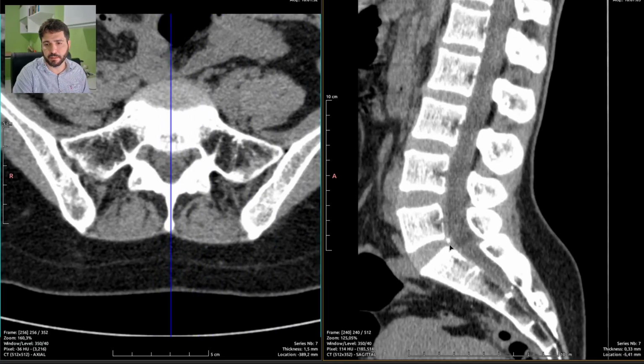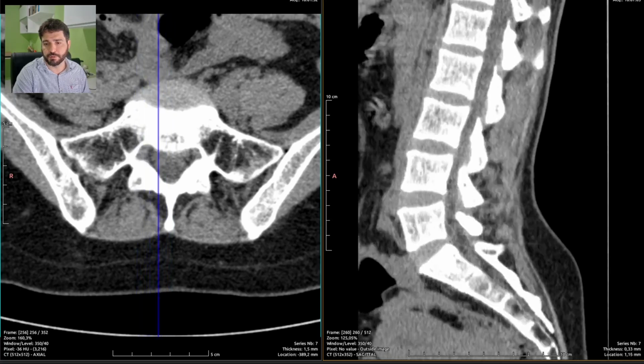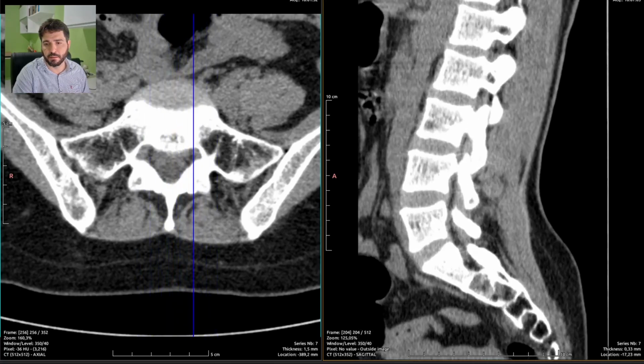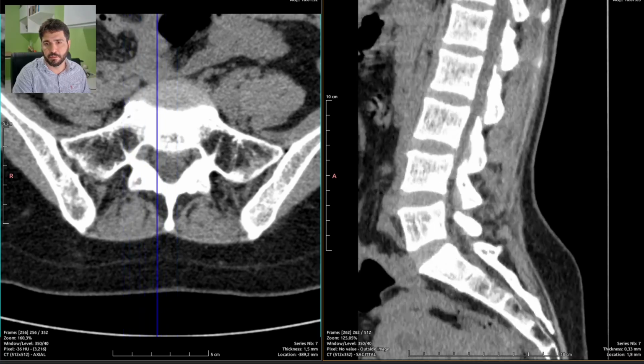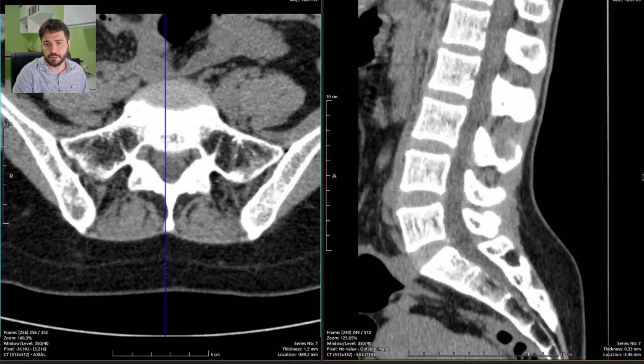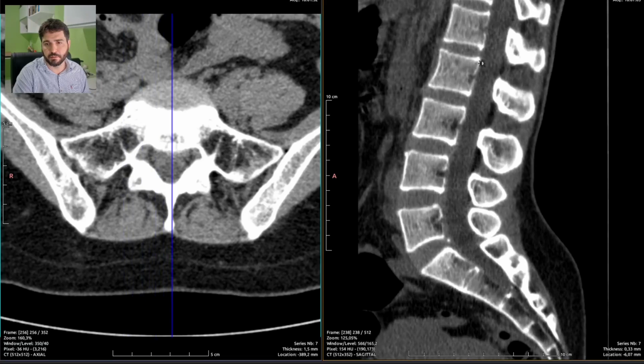There is a tiny calcification on the posterior margin of the L5-S1 disc. The disc space heights are preserved. Bone structures seem fine. No osteophytes.